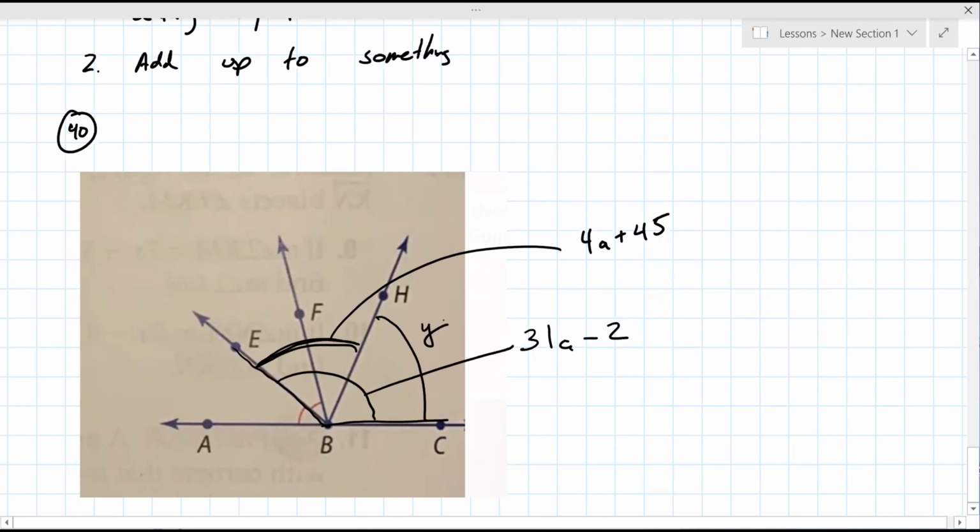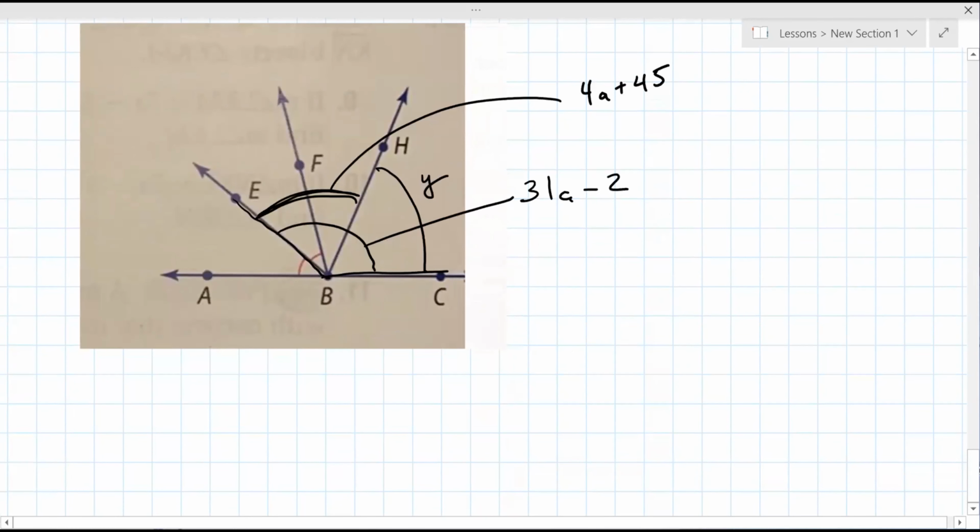Measure of E to B to C. And we know that, what was the second one there? Sorry, I'm losing track because I'm looking at two screens. E to B to C, the whole thing is 31A minus 2. E to B to H is 4A plus 45. Find the measure of angle HBC. So HBC is this y here.